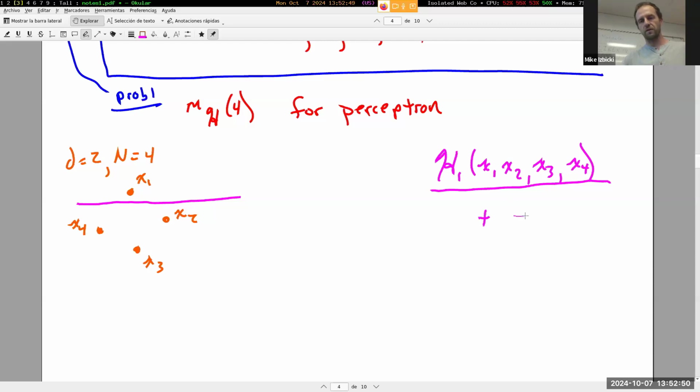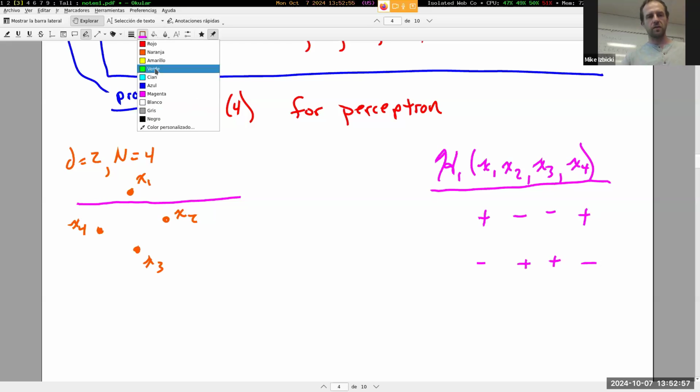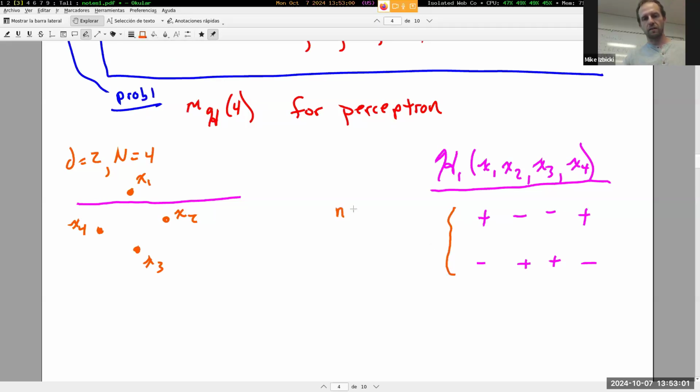So you can't get plus, negative, negative, plus, or negative, plus, plus, negative. These two entries in the dichotomy are not possible to get. All the other possible combinations are achievable with the perceptron.